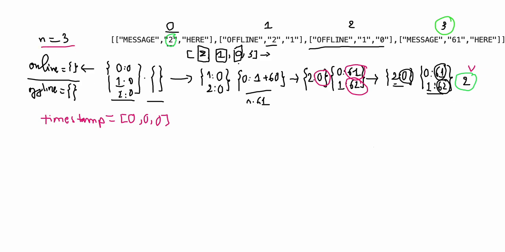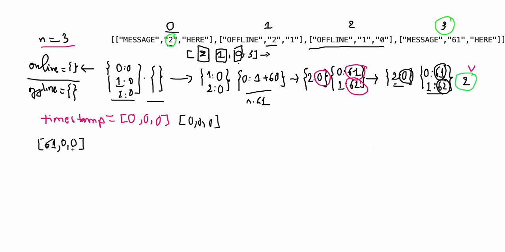So at the beginning, we can see that message 2 will come first, right? In here, this one sets user 0 to offline. So we update the timestamp of the first one to 61, and the other two will be 0. And then we also need to have the count, which is 0, 0 and 0.